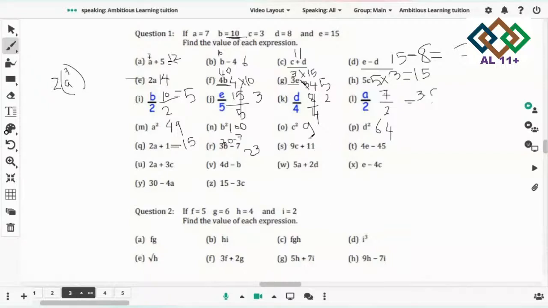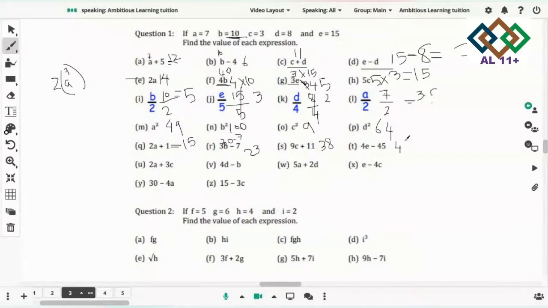Then you have 9c plus 11. In that you will multiply 9 multiplied by 3. That's 27 plus 11. That's 38. Now you have 4e minus 45. Your e is given 15.